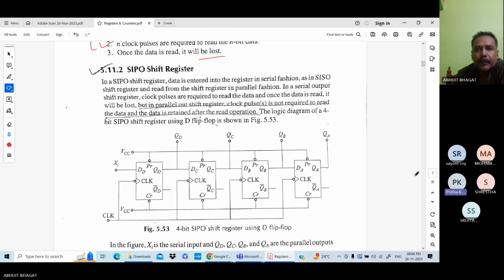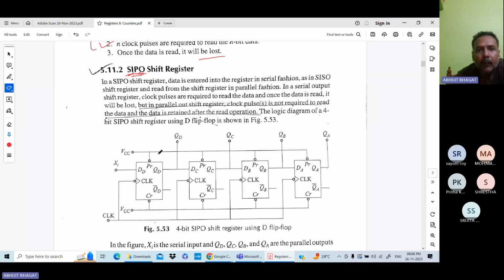Yes, sir. Okay. So next is serial in parallel out. Means your data goes in serially and comes out parallelly. By name, serial in parallel out. Data is in serially, out parallelly. Clear?